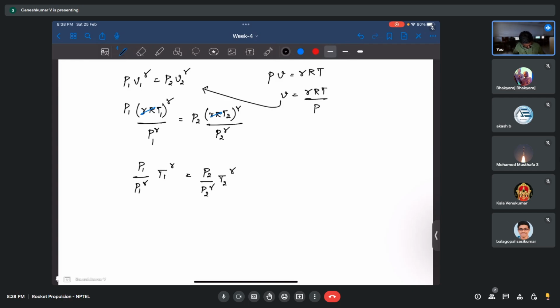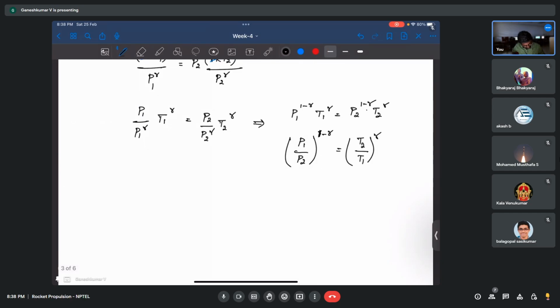Okay, so then P1 power gamma is equal to P1 by P2, which will be P1 by P2.